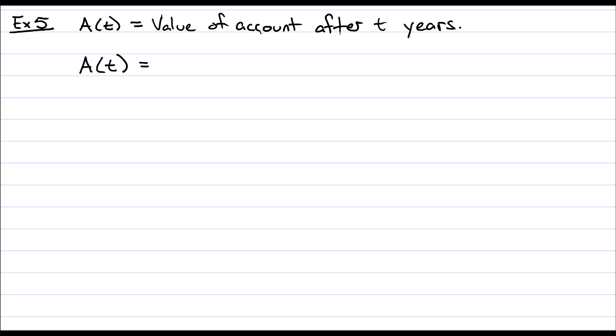A of t equals P e to the rt, where the variable P is the amount invested, or the initial amount in the account, and r is the interest rate. t just represents time, and e is the constant e.